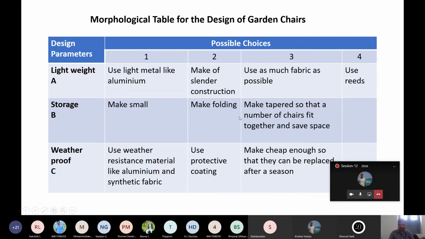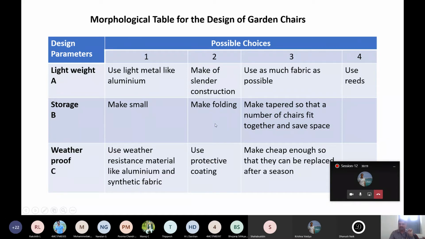You have seen some of the combinations of this. Light metal like aluminum, then folding. If it is made up of other metallic materials, then slender construction, folding, and then protective coating.